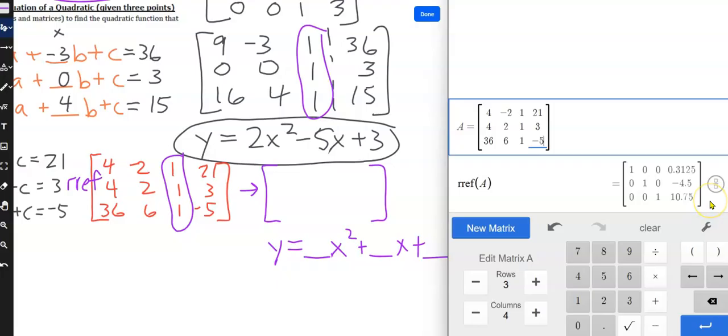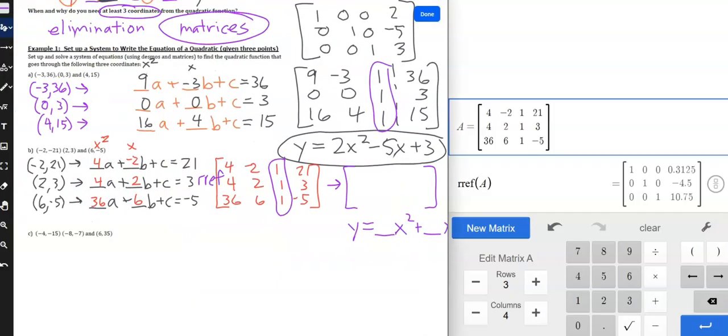Make sure my numbers are 4, negative 2, 1, 21, 4, 2, 1, 3, 36, 6, 1, negative 5. Whoa, is that really true? Do we really have ugly numbers like that? Let me look again. 4, negative 2, 1, 21, 4, 2, 1, 3, 36, 6, 1, negative 5.